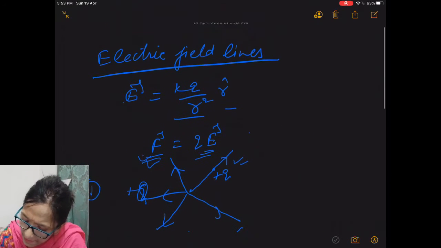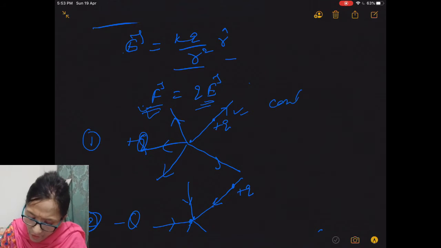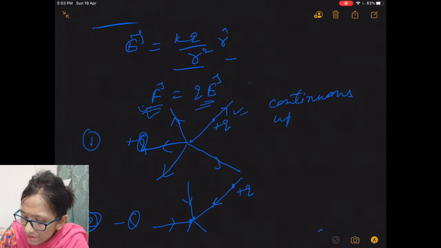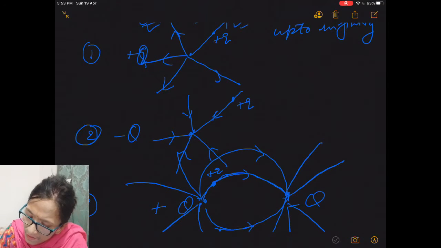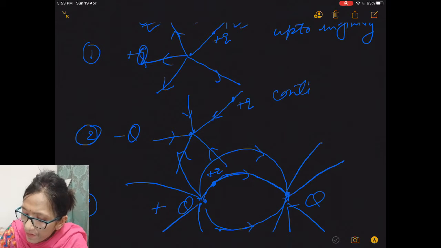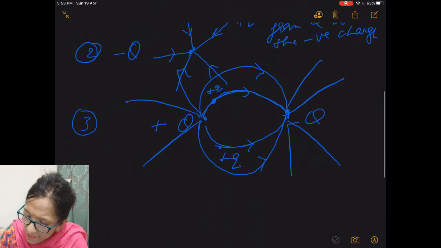Here we find that for a single positive charge, these lines are continuous up to infinity. In the second case also, these lines are continuous from infinity to the negative charge.